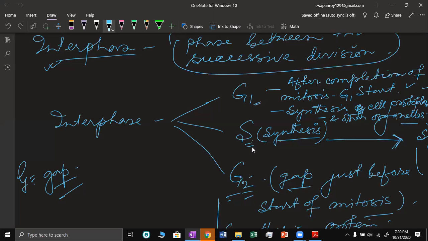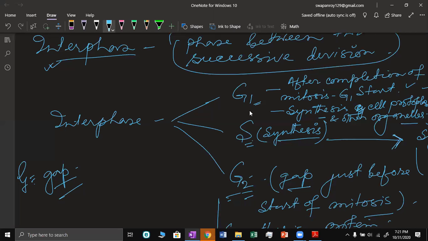Those permanent cells do not divide. In case of animals also, the cells initially will divide, after that they will not divide, they will undergo maturation when the proper number is attained.